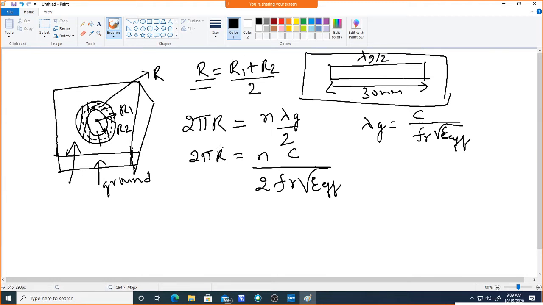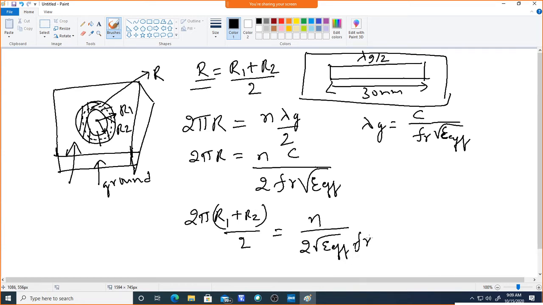Okay, so now since R equals (R1 plus R2) by 2, if you substitute, 2 pi times (R1 plus R2) divided by 2 equals n c by 2 into Fr into root of effective epsilon.